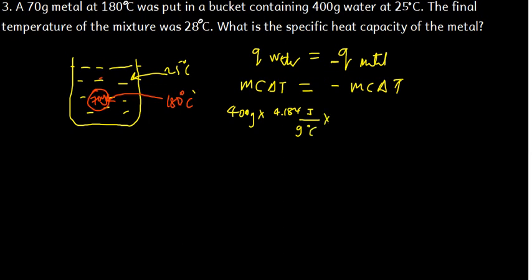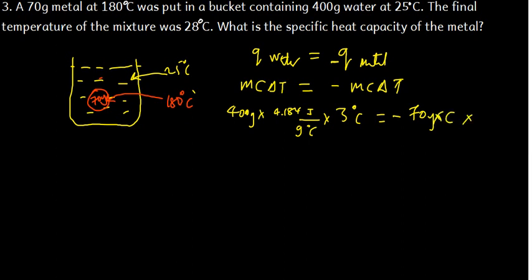And then the change in temperature, the final temperature is 28. The initial temperature for the water was 25. So the change is 28 minus 25, which is simply 3 degrees Celsius. And that should be equal to negative the mass of the metal, which is 70 grams. Specific heat capacity is what we don't know.